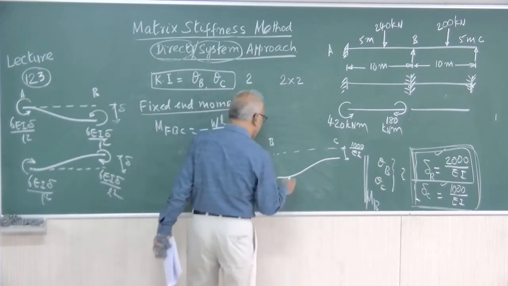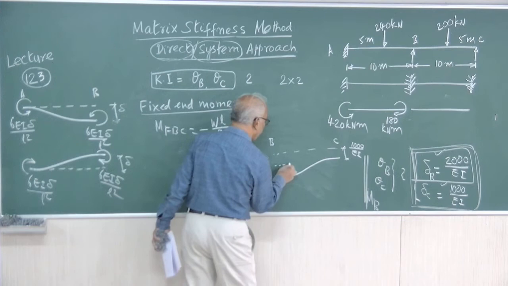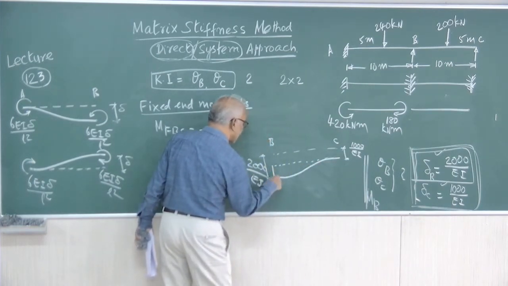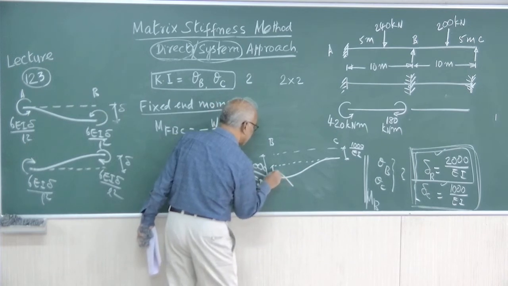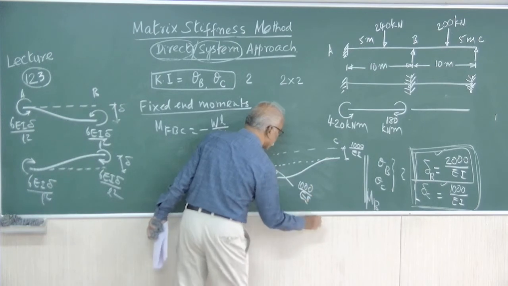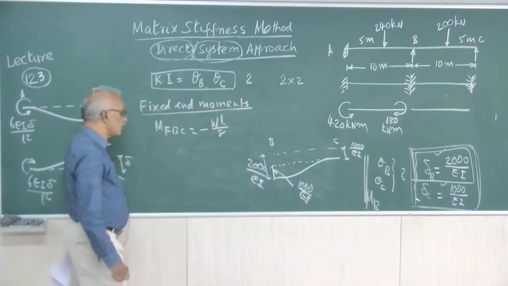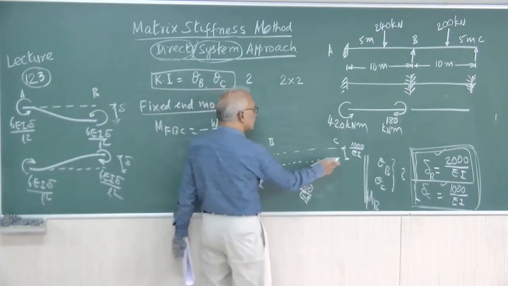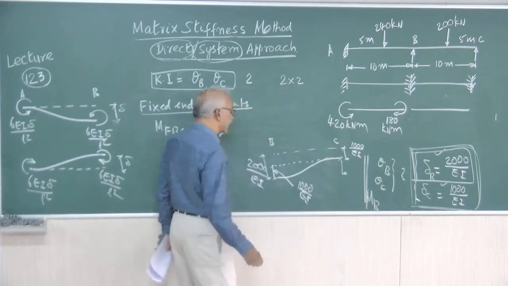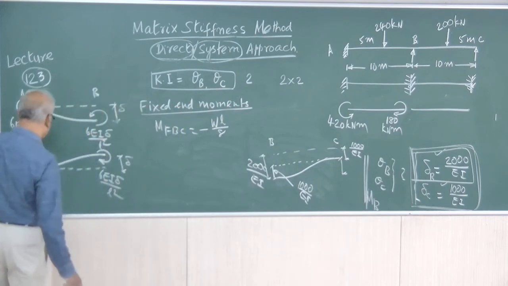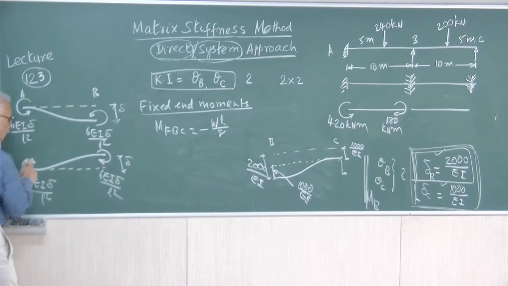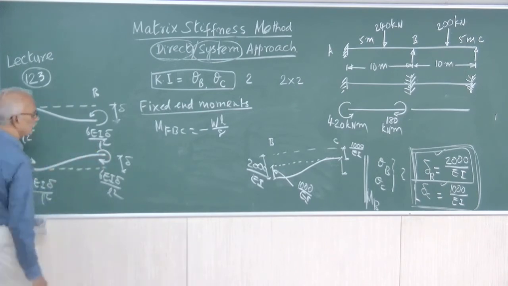Comparing B and C, this is the net settlement. The net settlement is 1000 by EI. So compared to the left support, the right support moves up by 1000 by EI. Comparing the left support, when the right support moves up, both moments will be plus 6EI delta by L square.